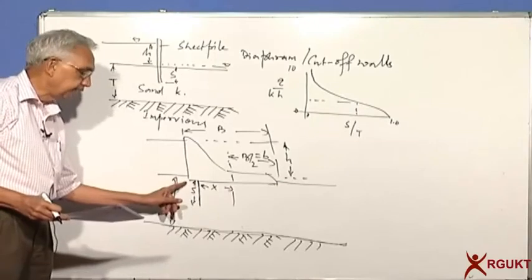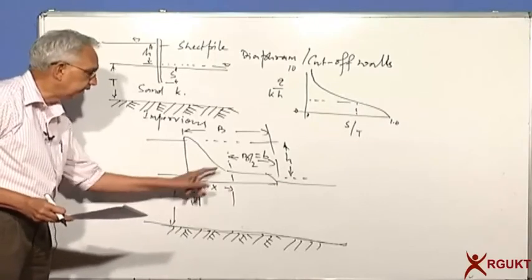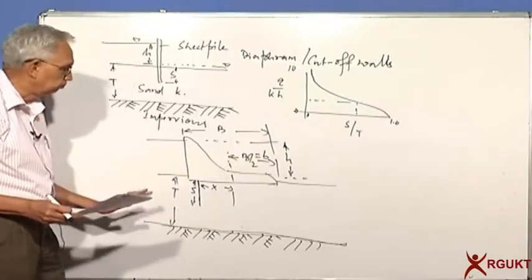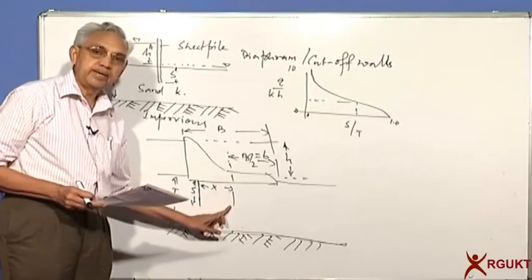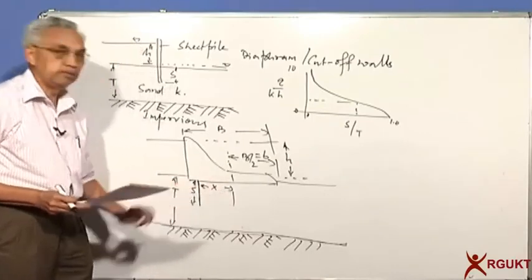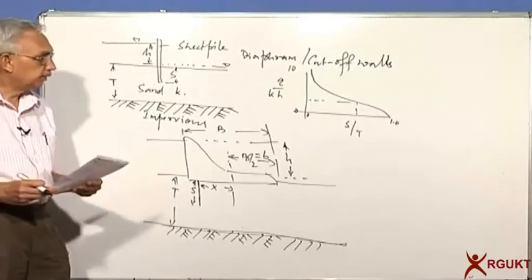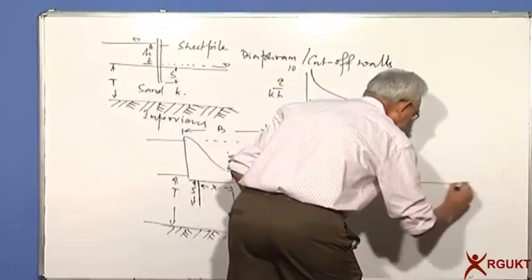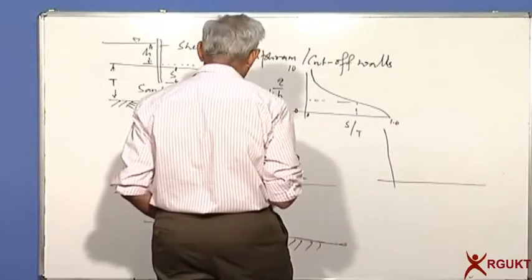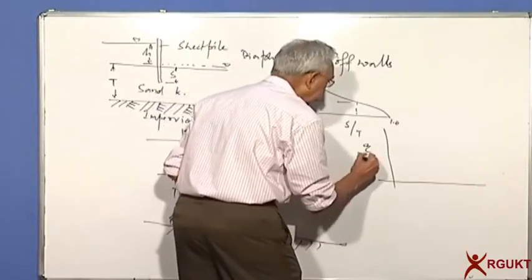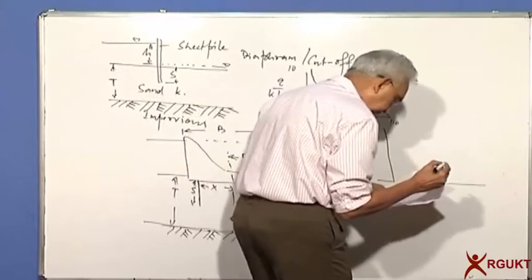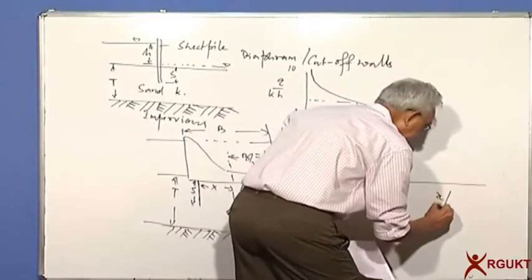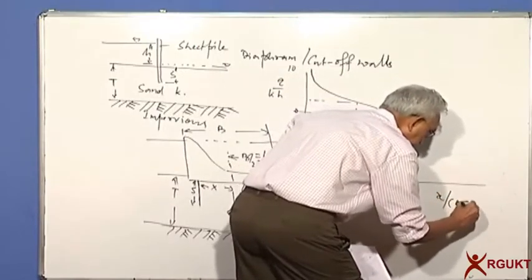Where should the cutoff be placed? I can put it at the extreme left, in which case x is equal to half the width, small b, or I can put it right at the center, in which case x will be 0. Again, we have some standard analytical solution for this, according to which we have q by kh against, here I am plotting x by, say, b by 2.